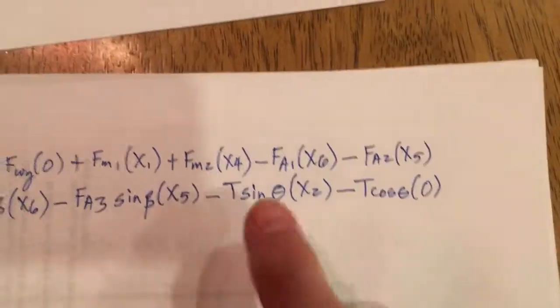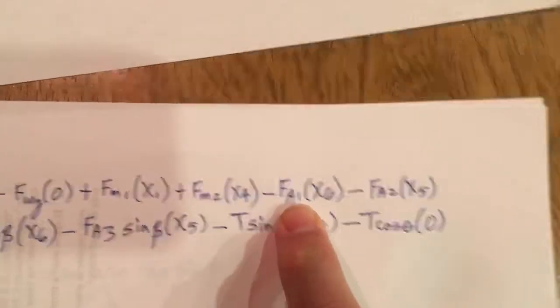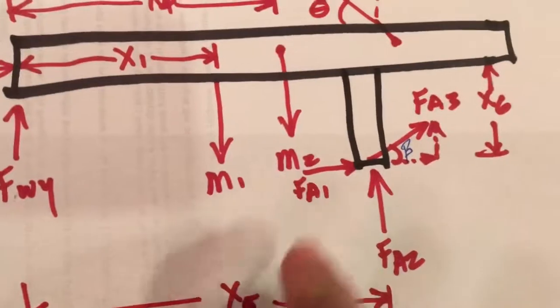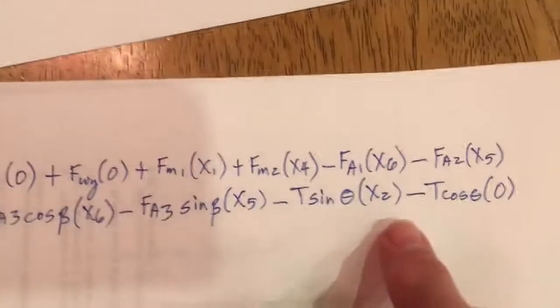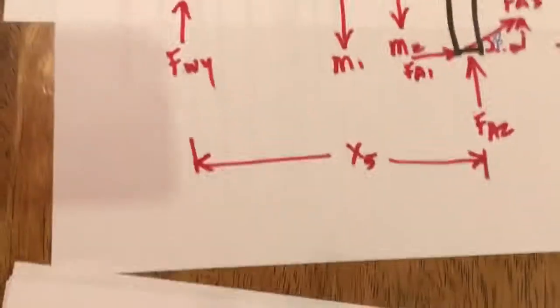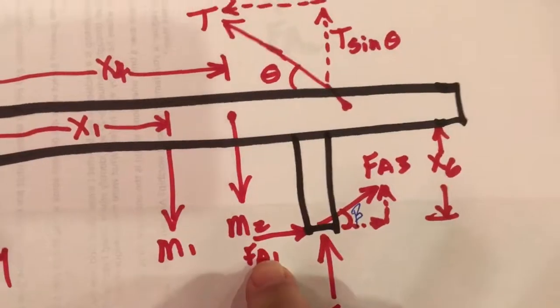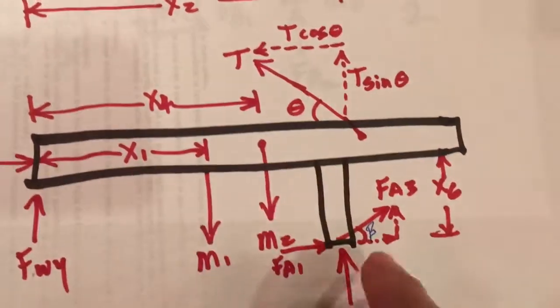Okay, and the next one is the applied force 1. Remember, that was right here, and its perpendicular distance is going to be x6. And let's see what we've drawn in here for that. For the applied force 1, even though you've got this distance here, that doesn't matter.